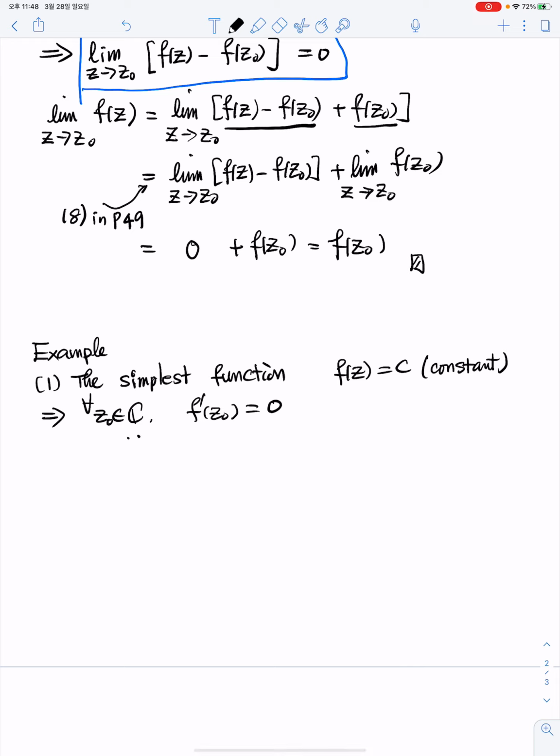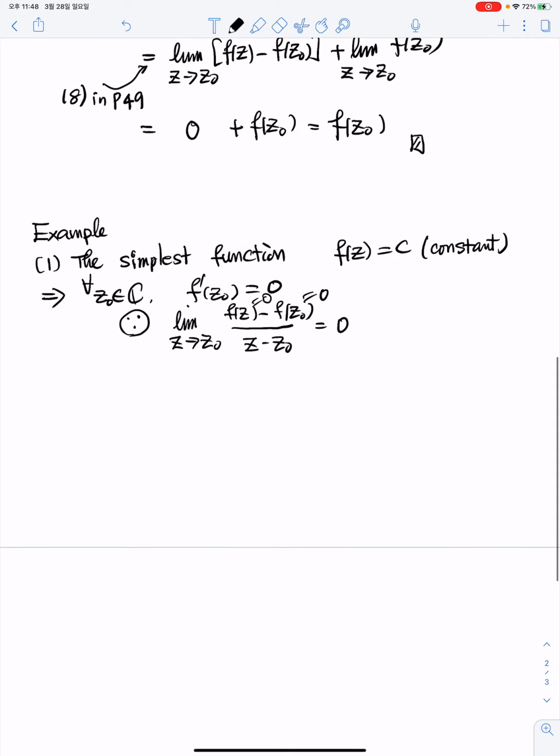That is because the limit as z approaches z0 of f(z) minus f(z0) over z minus z0, and this constant means this numerator is 0. So finally this is 0. It's very easy. Okay, the easiest example.